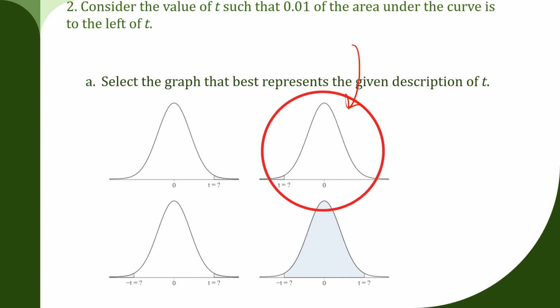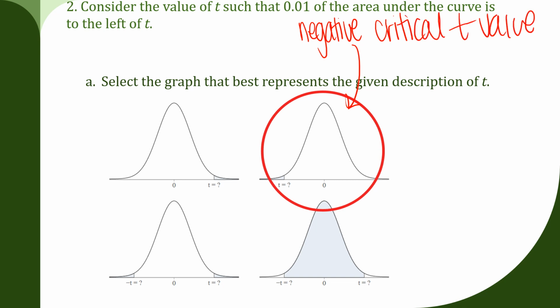So we're going to have a negative critical T value. And again, that's all because T is to the left of 0.